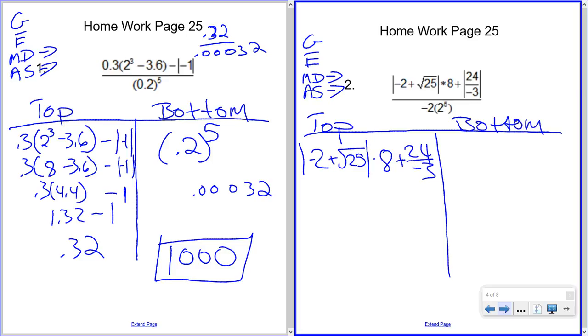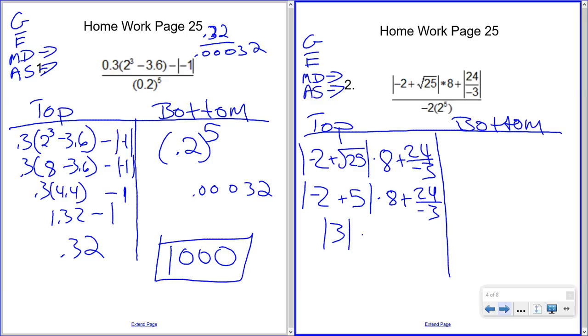I need to see this so I know that you're reminding yourself what order to do. Square root of 25 is 5. Gotta knock that out first, because this radical here is considered a grouping. So now we do -2 plus 5 and you get 3. Okay? And we'll just bring this down every time.